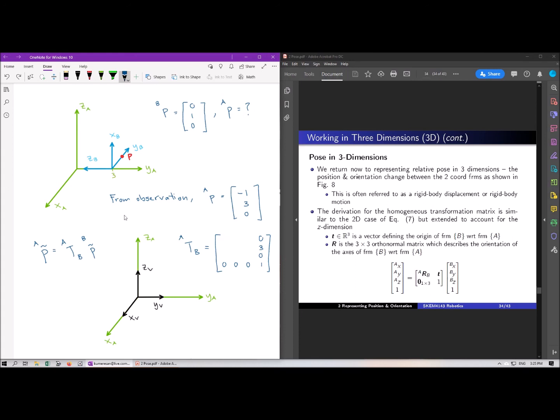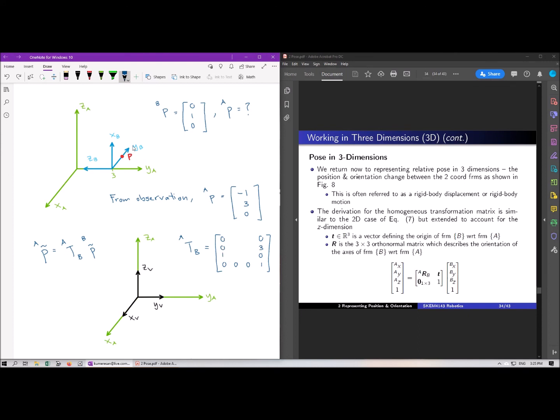The first column is the unit vector of XB with respect to coordinate frame A. We know that XB is pointing in the z direction. So the unit vector of XB is 0, 0, 1.